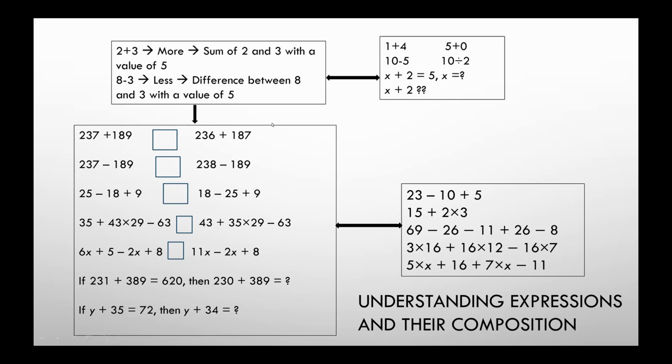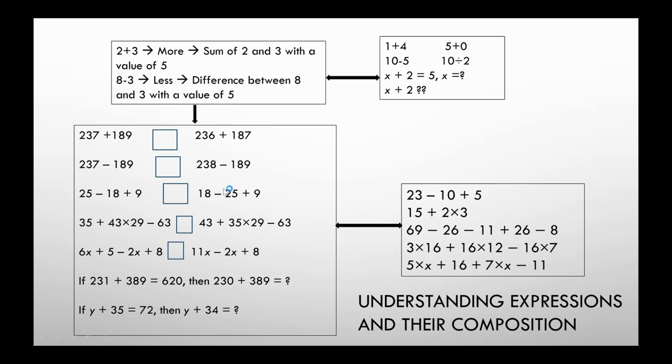Here we looked at several pairs of numbers where they had to put less than, equal to, or greater than symbols, but they were not allowed to compute. No computations were allowed. They had to only look at the terms.